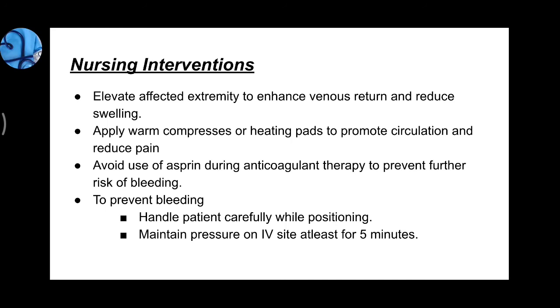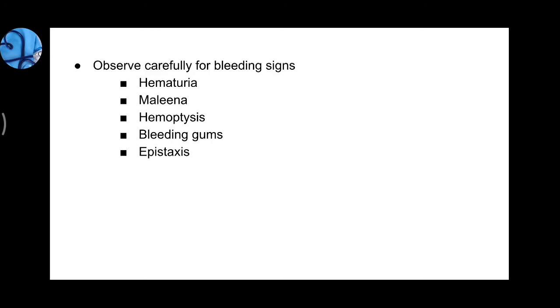To prevent bleeding, we should handle the patient carefully while positioning, maintain pressure on the IV site for at least 5 minutes, and most importantly, observe carefully for bleeding signs. We should observe for hematuria, presence of blood in urine, melena, presence of blood in stool, hemoptysis, bleeding gums, and epistaxis.